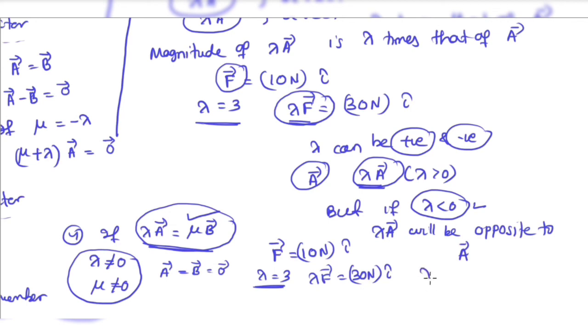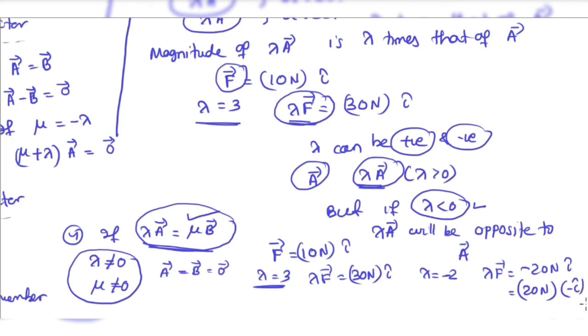But if I take lambda equal to minus 2, a negative value of lambda, then lambda F vector will be minus 20 Newton into I cap, or I can write this as 20 Newton into minus of I cap, and minus of I cap means the lambda F vector is acting along the negative x-axis. So here lambda F vector is opposite in direction to F vector.